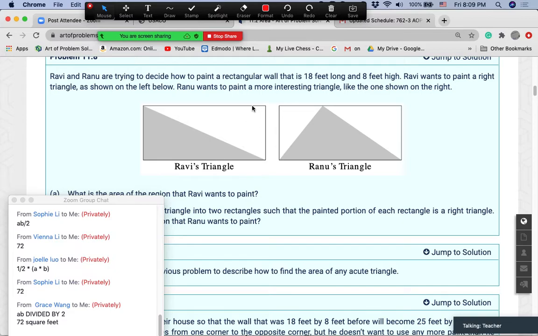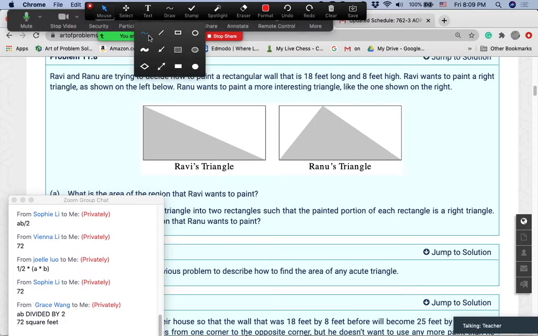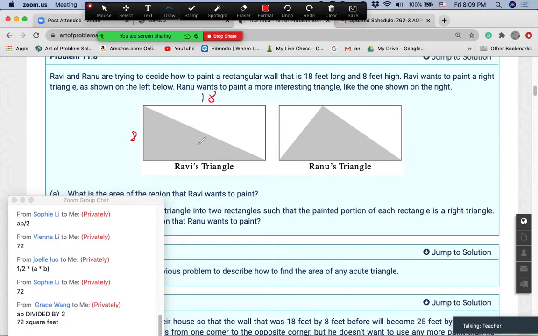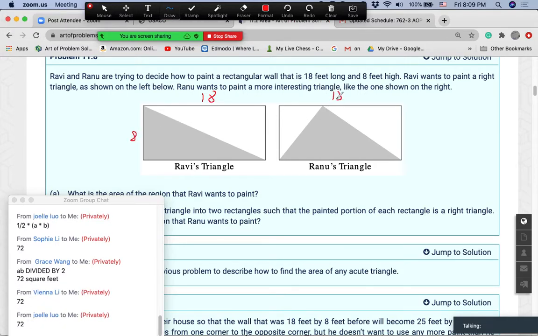Now let's see. This rectangle, the wall, is 18 feet long and 8 feet tall, right? They ask you to find the area of Ravi's triangle. Grace got it correct.